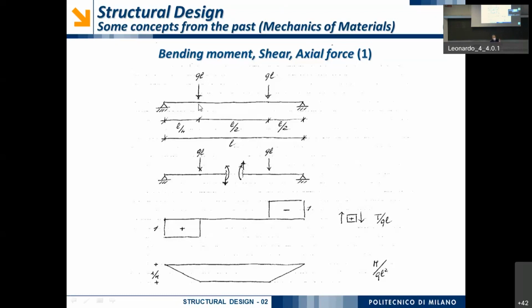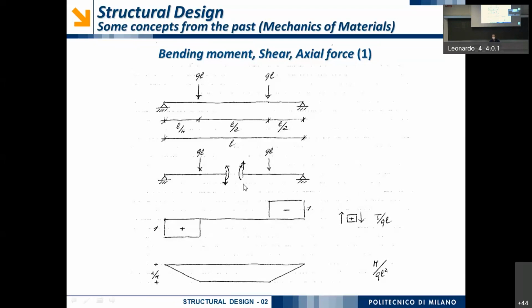Between those two cross-sections, the shear is constant, as you can see here. Similarly, in the central part of the beam, between the application of two concentrated loads, the shear is constant, and in this case it is equal to 0. And similarly, in the third part, the shear is constant as well, but now, of course, it is negative.